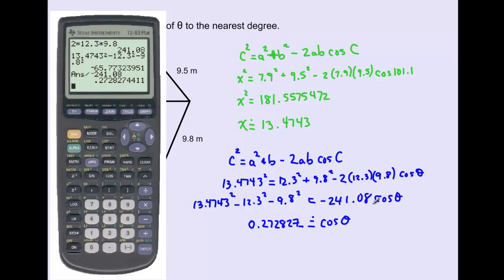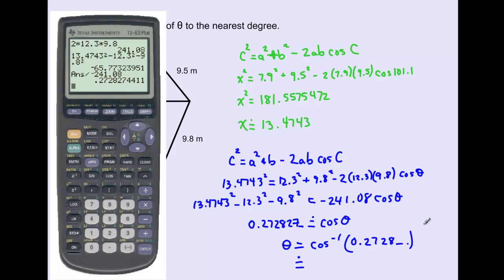There's a little dot over there because we've approximated this. So to get theta by itself, remember you take the cos inverse of whatever's on the other side. So theta is going to equal cosine inverse of this big mess, 0.2728 and so on.